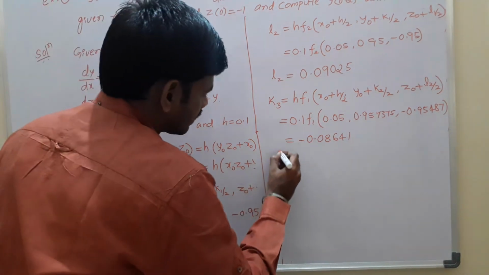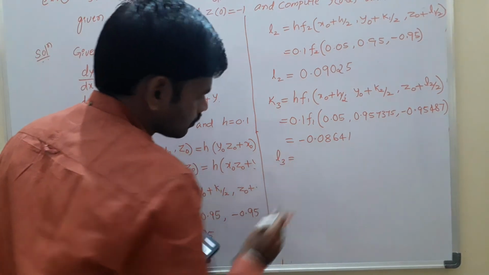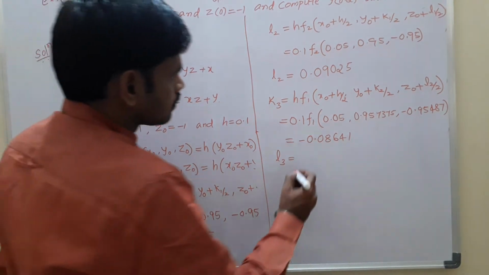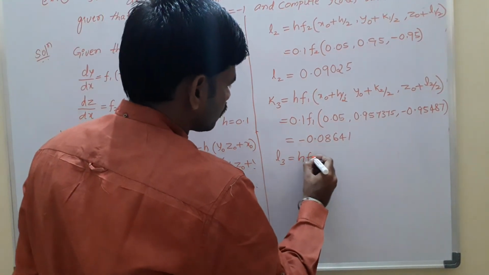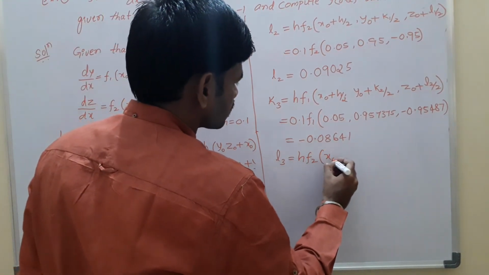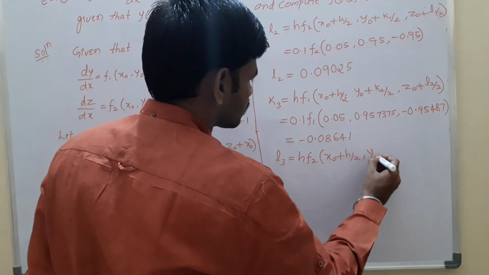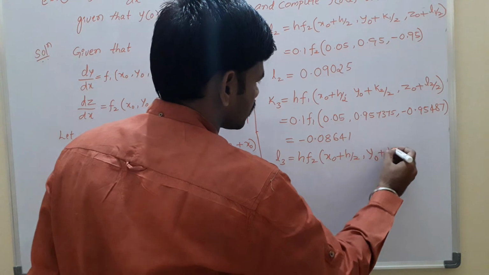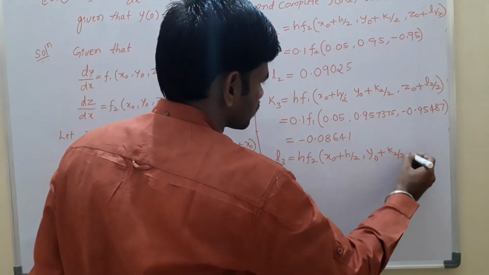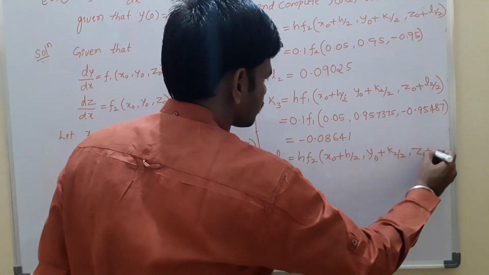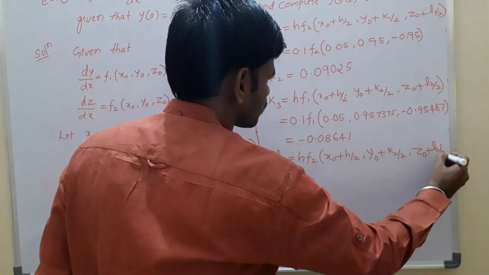And L3 equal to h into f2(x0 plus h by 2, y0 plus k2 by 2, z0 plus L2 by 2).